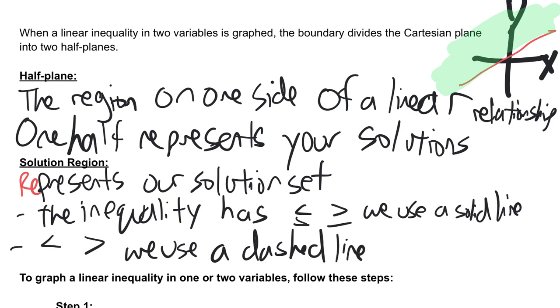So as an example, if the thing up here was less than or greater than, not less than or greater than or equal to, we would do the following. Here's my x, there's my y, and I would use a dashed line. That's just, you know, some mathematician decided that's how we're going to represent it. They could have the same solution region, but this graph would include the points on the line, and this graph would not include the points on the line. We just use the dashed line to represent that.